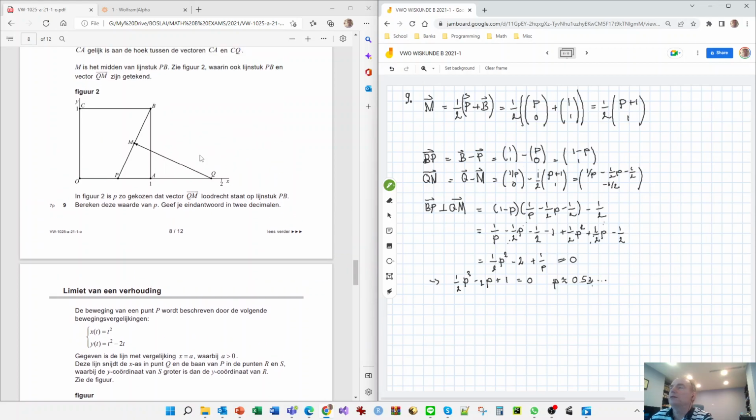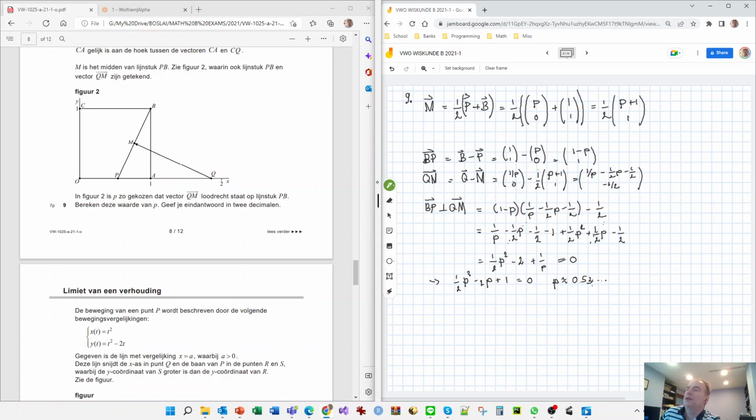Okay, well, let's first construct M. The middle of a vector between 2 points is just 1/2 the sum of the 2 vectors. And filling that in, we find 1/2 times P plus 1 and 1.